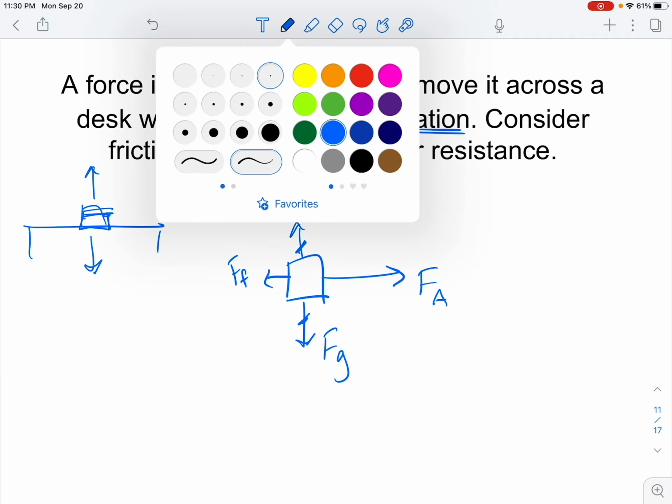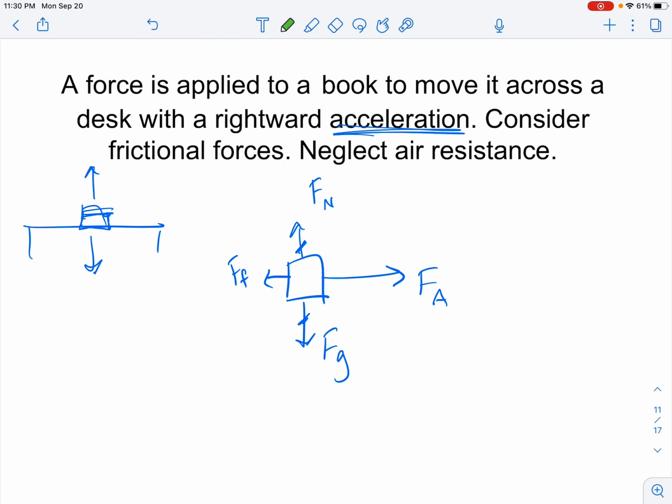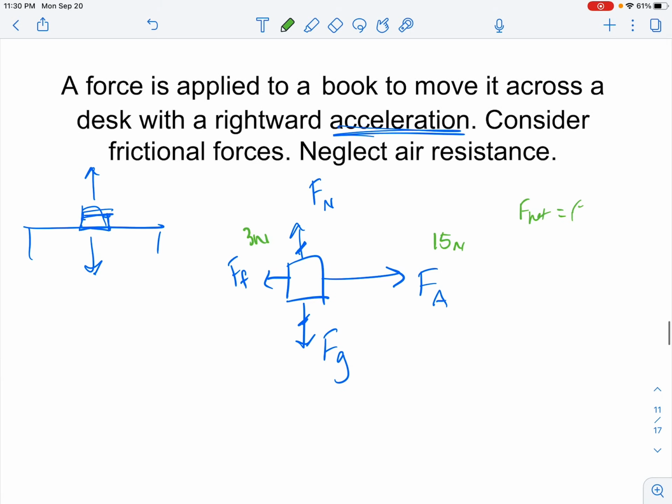So if I knew what these force values were, let's say that this was 15 newtons and this was 3 newtons, then I would calculate my net force as F1 plus F2, where in this case, F1 would be my negative 3 newtons plus F2 would be my positive 15 newtons.